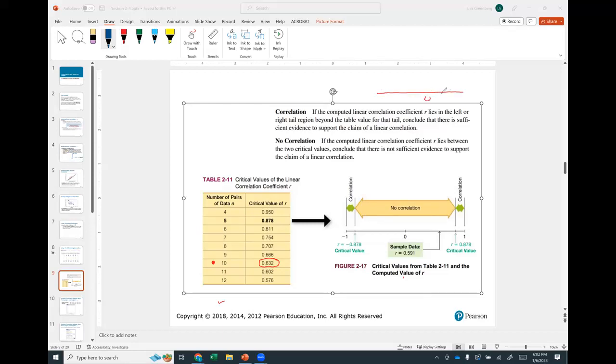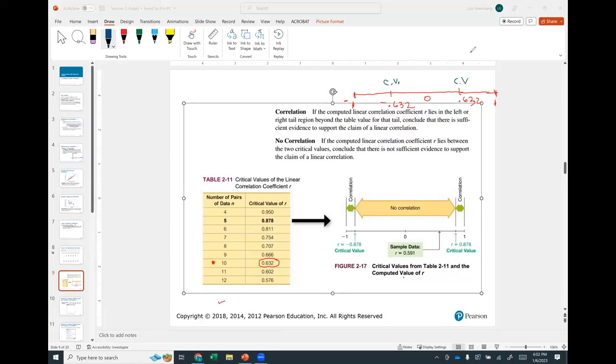So this is 0, this is 0.632, and here we have negative 0.632, because remember, we can go from -1 to +1. The value that it's giving me here is just the positive. There's always going to be a positive and negative critical value. And my critical values are right here and right here.